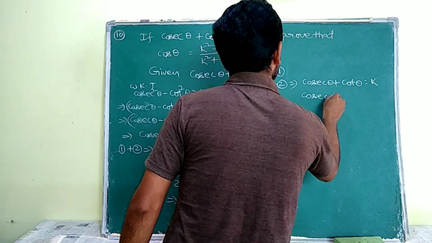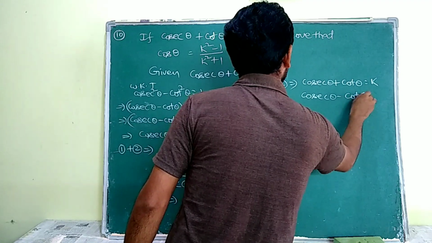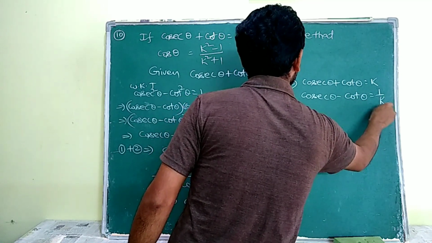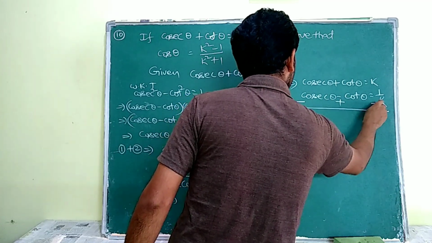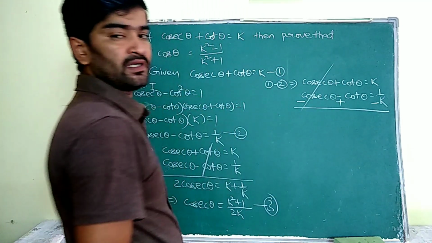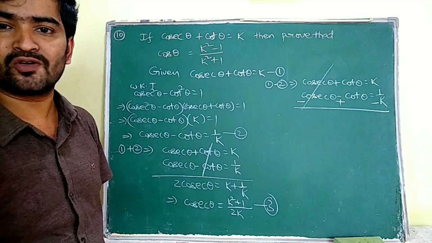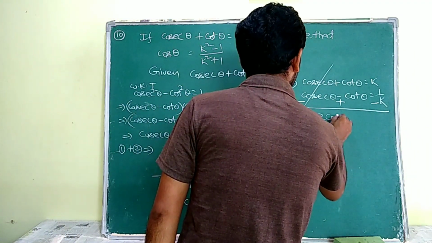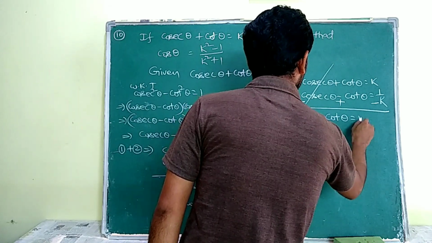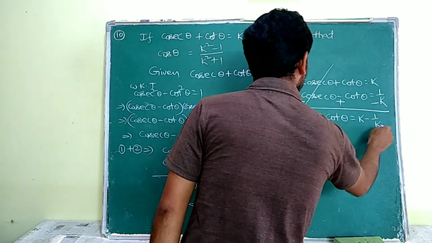Here cosecant theta minus cot theta is equal to 1 by k. While subtracting we have to change the symbols. By changing the symbols, these two cosecant thetas are going to be cancelled. Then 2 cot theta is the left out value, is equal to k minus 1 by k.